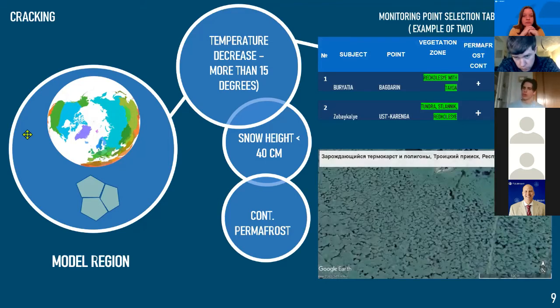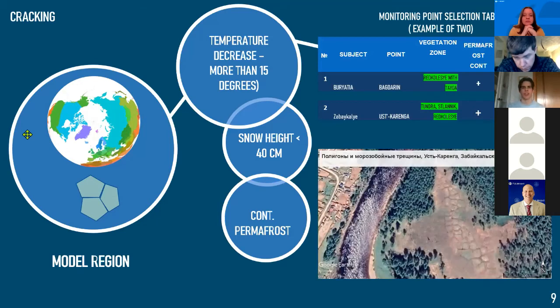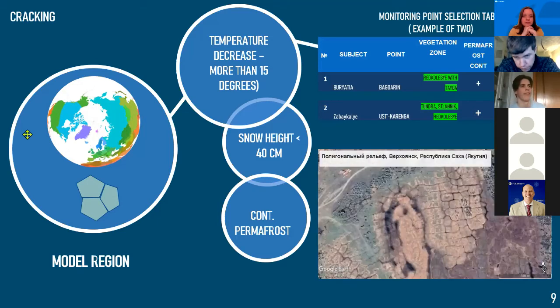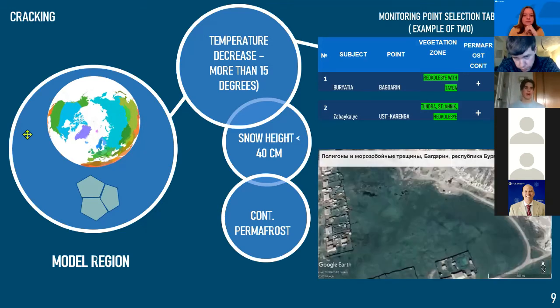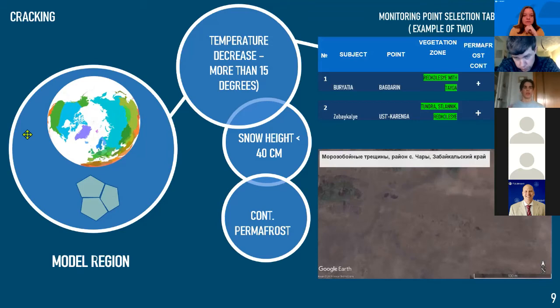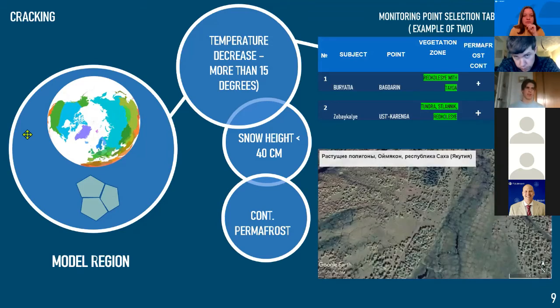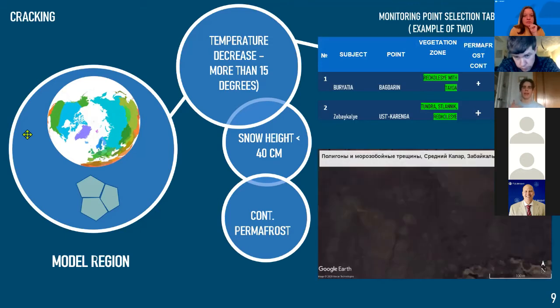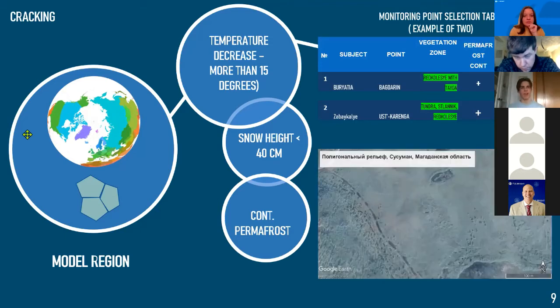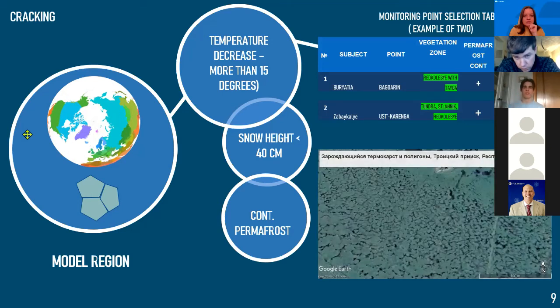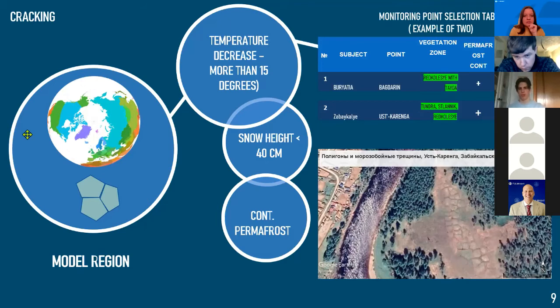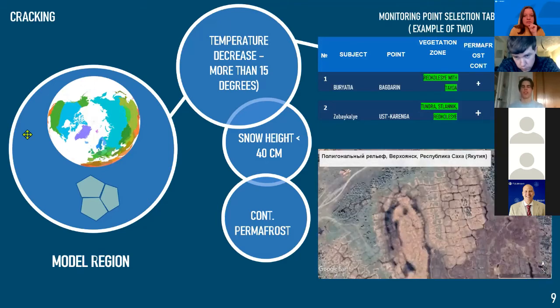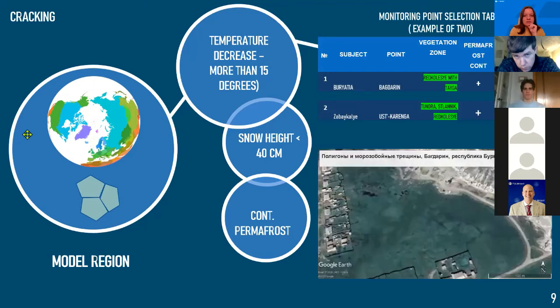We also analyzed the vegetation zone, because it definitely cannot develop in the taiga zone, since roots play an important role, and it will be better to crack in tundra. So we found 10 points for the cracking monitoring. That's how it was.